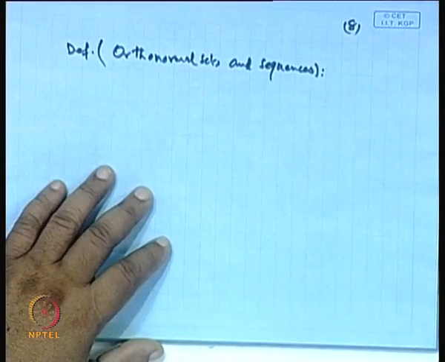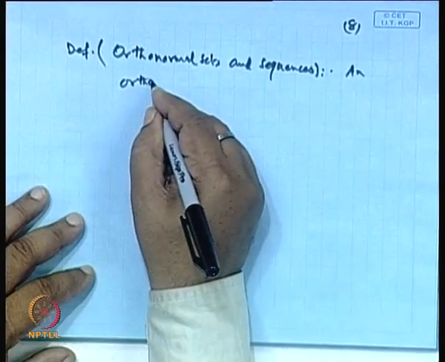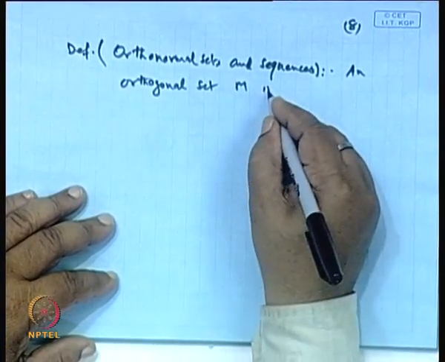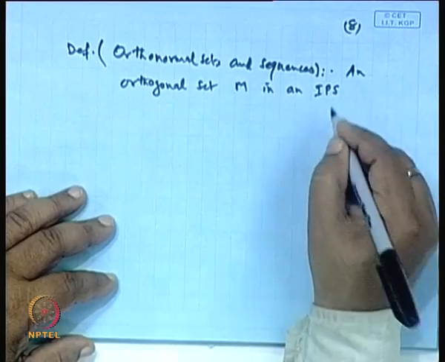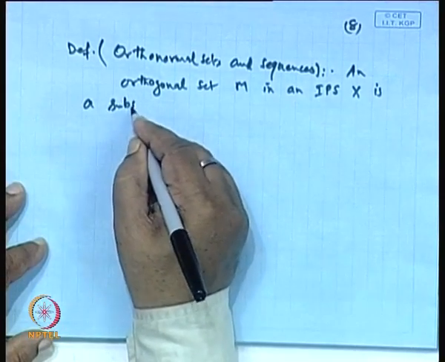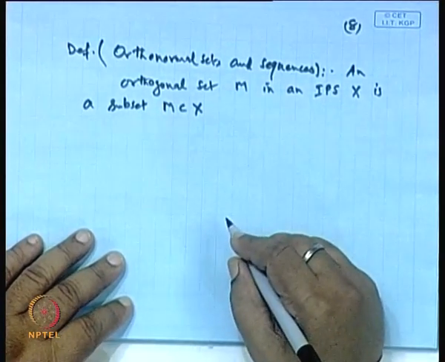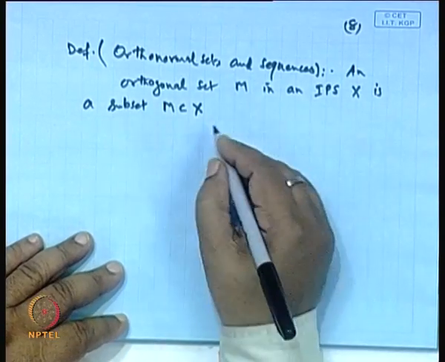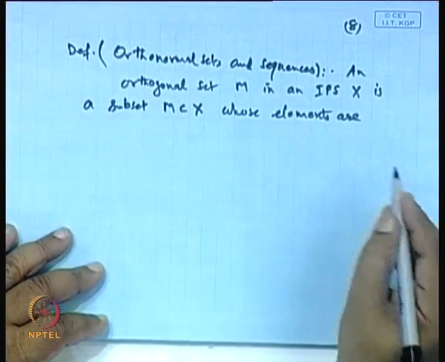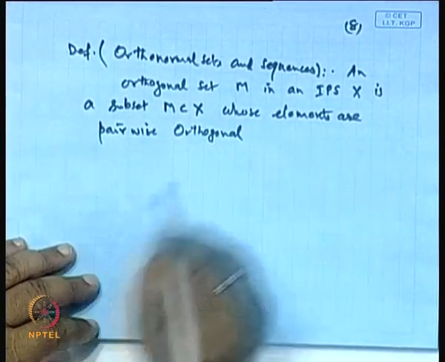An orthogonal set M in an inner product space X is a subset M of X whose elements are pairwise orthogonal.